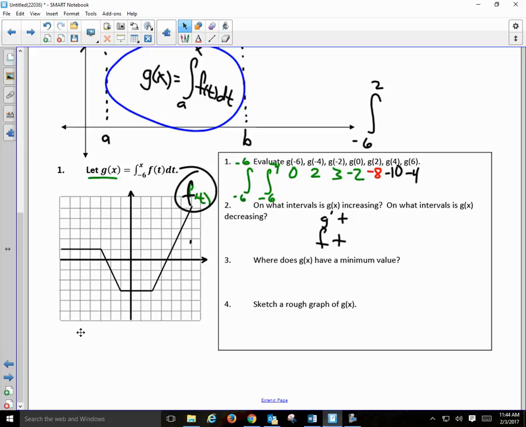So, all right, here we go. We'll stop complaining. All right, so on what intervals is g of x increasing? On what intervals is the area function increasing? We said that's wherever the derivative is positive. What's the derivative of the area function? The function. Where is this positive? Above the x-axis.